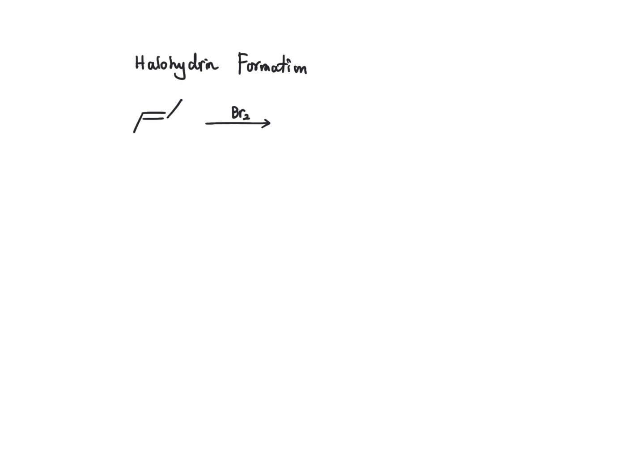But for bromine, for example, sometimes you will not use pure bromine as a reagent, you will put it in a solvent. And if this solvent is water or some other alcohol, instead of adding 2 bromines on it, 1 bromine will be added on 1 carbon. The other carbon will get OH from water instead of bromine, and we call it halohydrin formation.